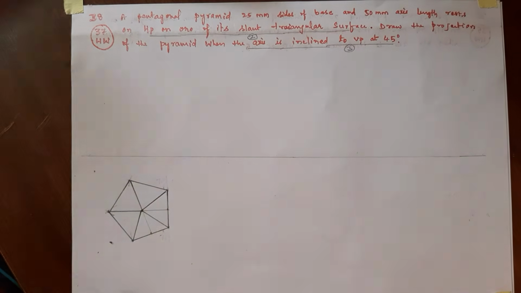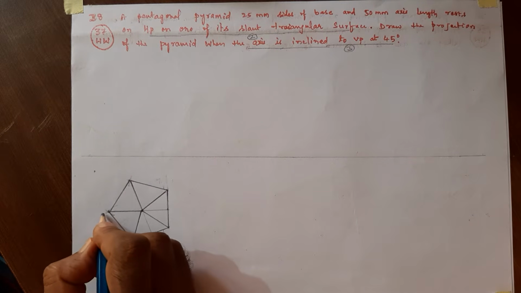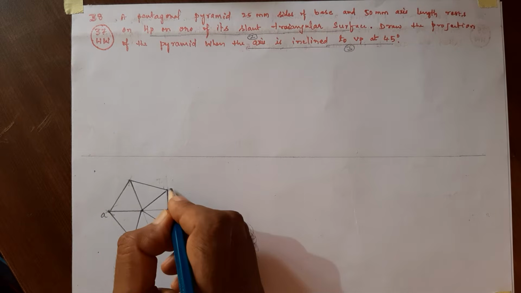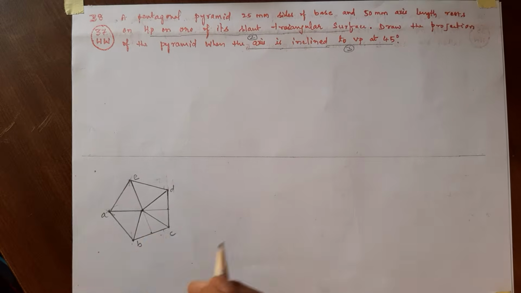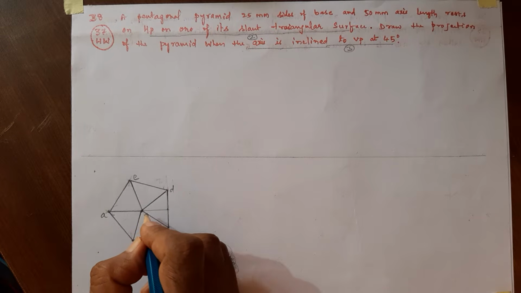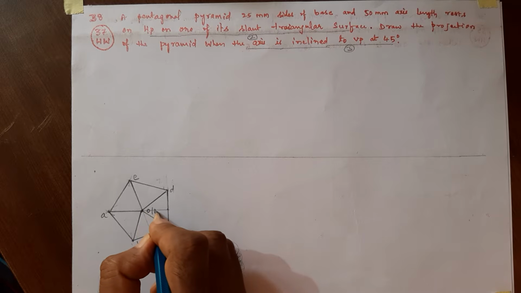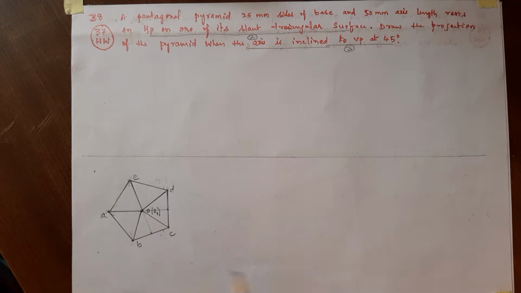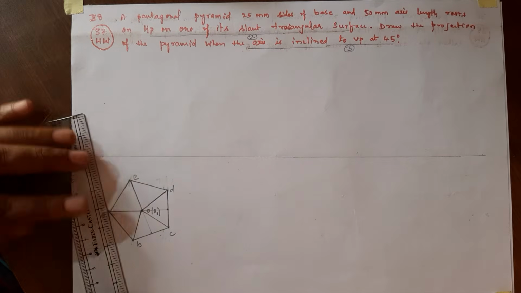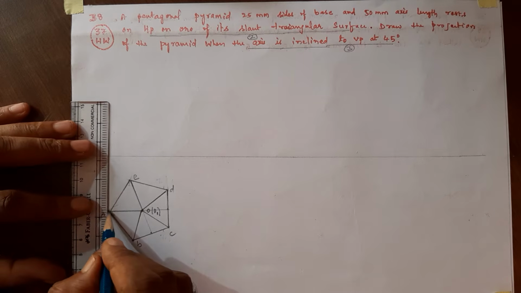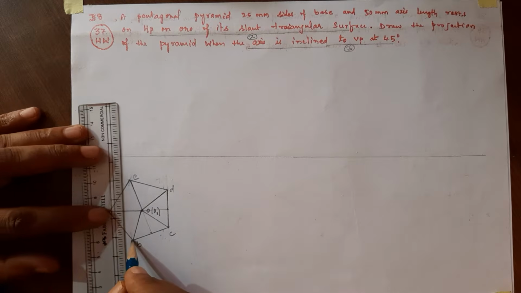Okay. Now name all the corners in the top view. So I will take this as A, B, C, D, E. The apex visible, that is O. Bottom center is not visible, so that is O1 in the bracket. Now draw the front view by drawing vertical upward projector lines to the XY line.